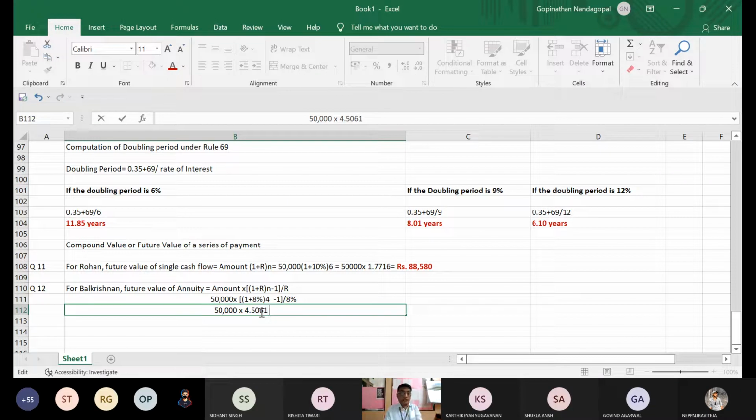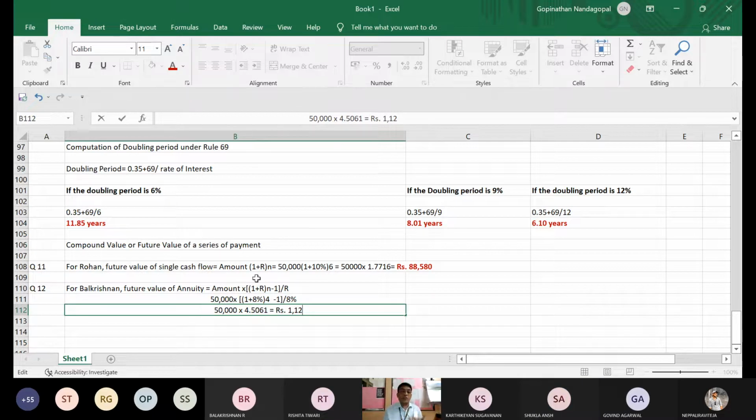How much do you get this? 2,25,305. Yes, 2 lakh, sir, 225.